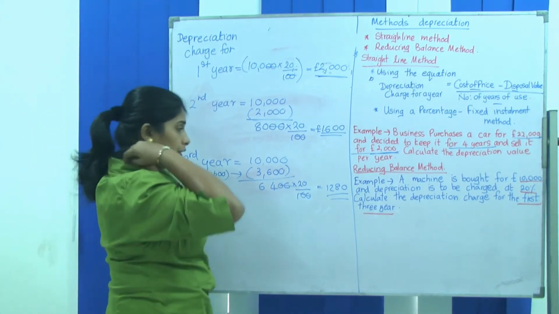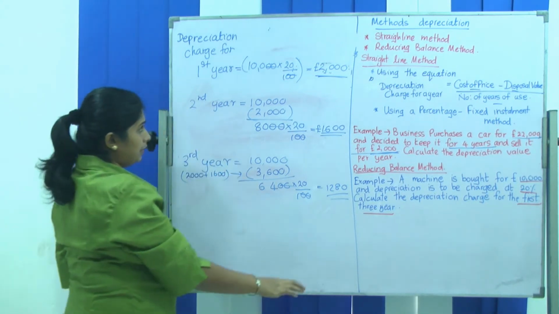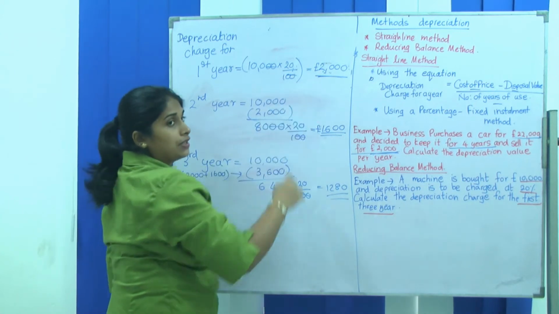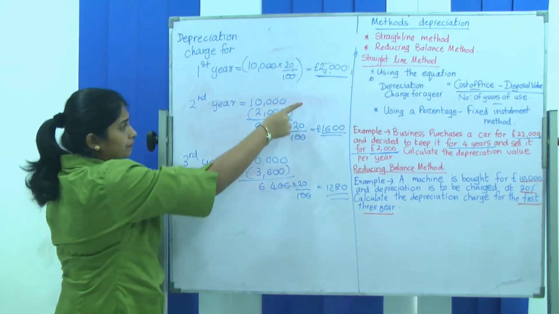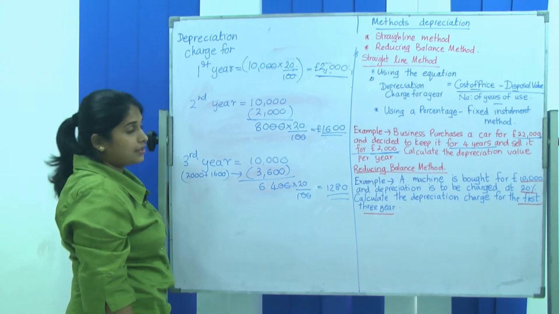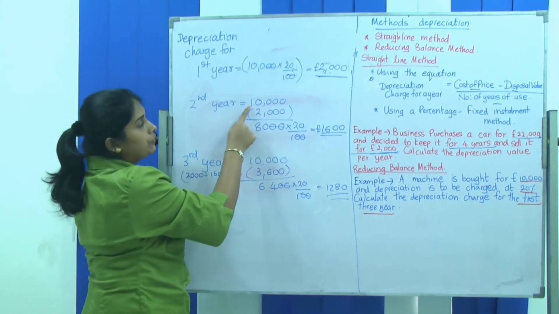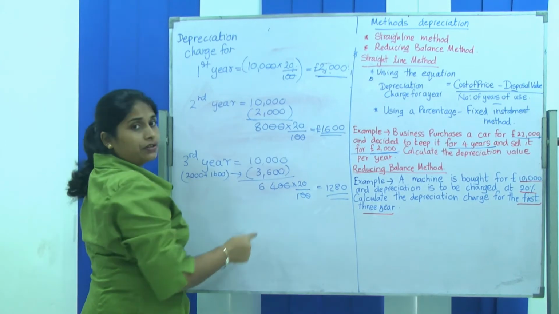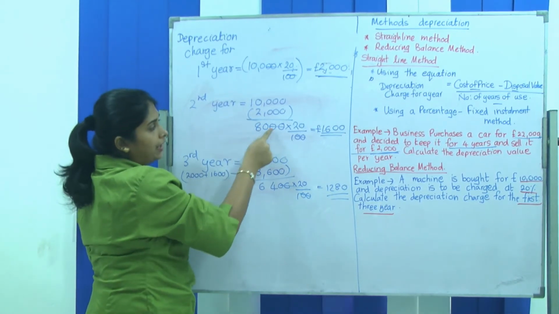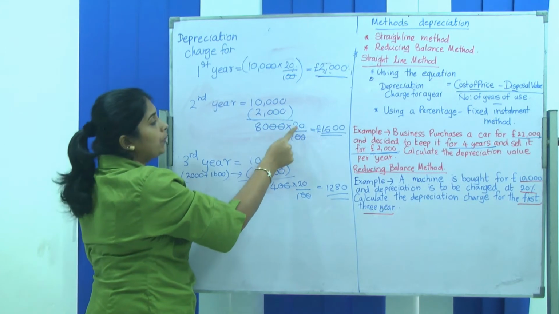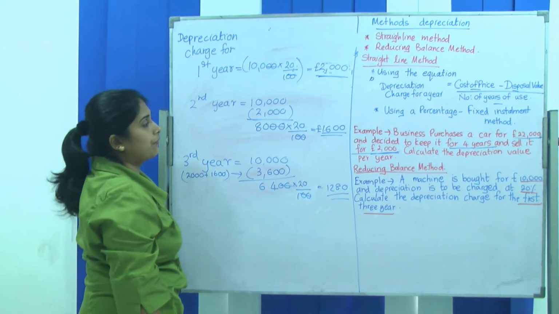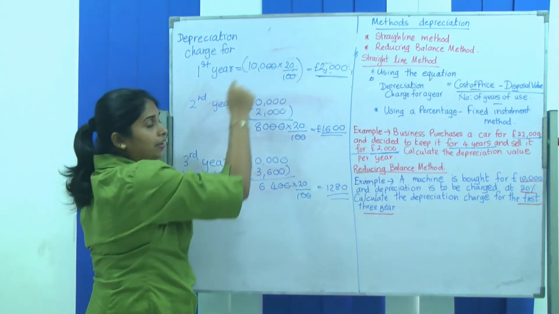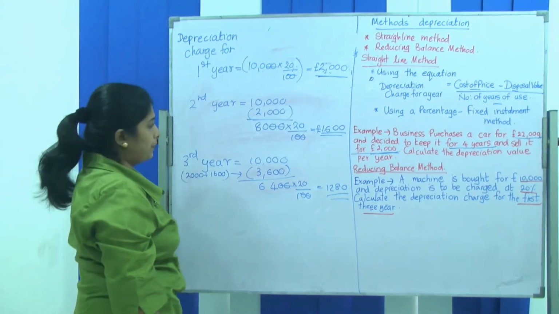If you are using the reducing balance method, the first year is easy: 10,000 into 20% is 2,000. But when you calculate the second year, you have to deduct the first year's depreciation charge from the cost. Then you get 8,000, and 20% should be calculated after deducting the previous year's depreciation.